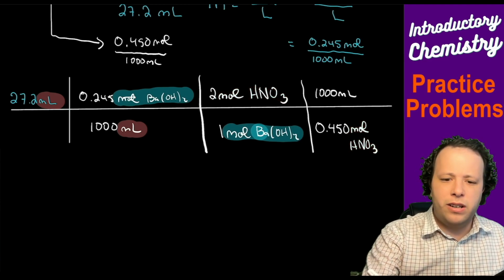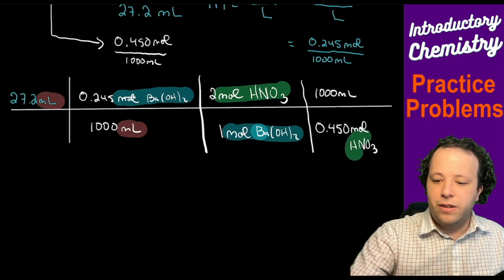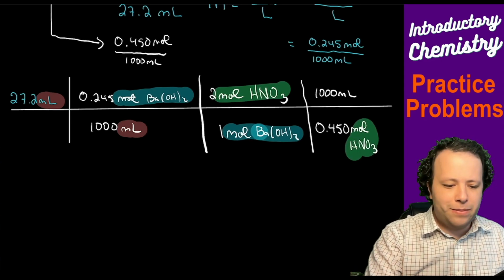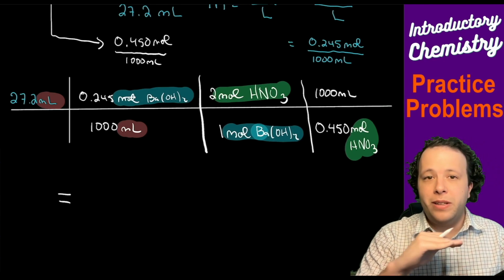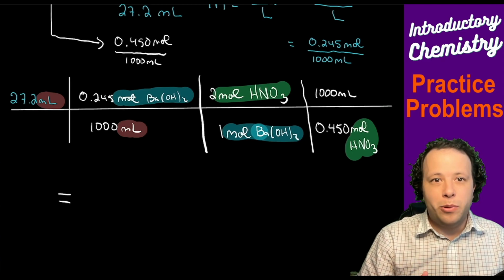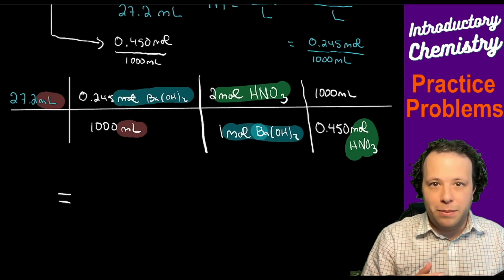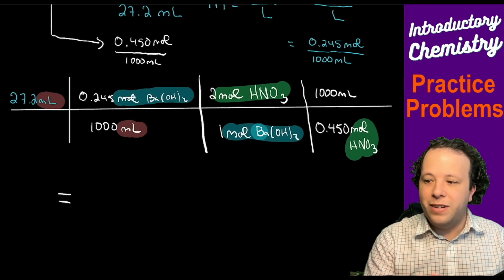Let's pick a different color here just so it can help illustrate the differences of all these things canceling. All right, now when we solve, what are we doing? We're multiplying everything on top and dividing what's on bottom. So we have 27.2 milliliters times 0.245 moles times 2 moles times 1,000. We'll then divide that by 1,000, and divide that by 0.450.